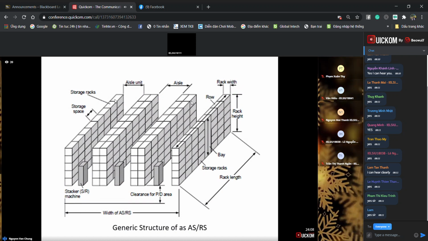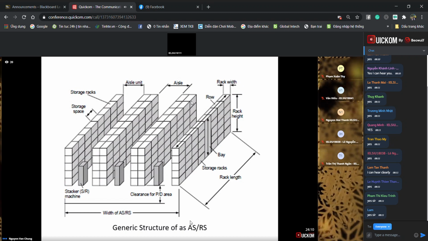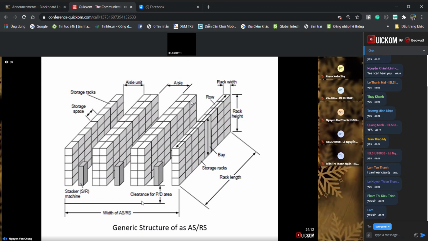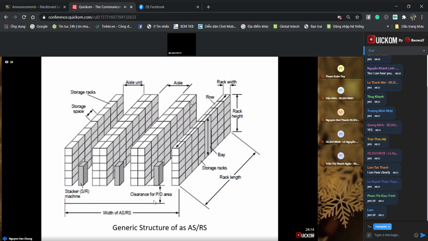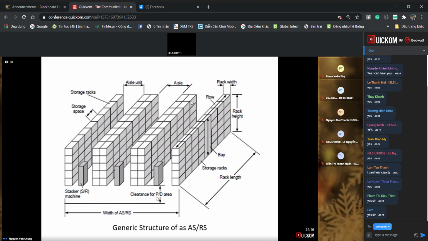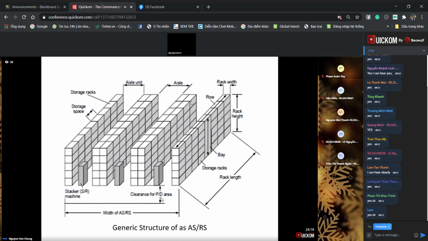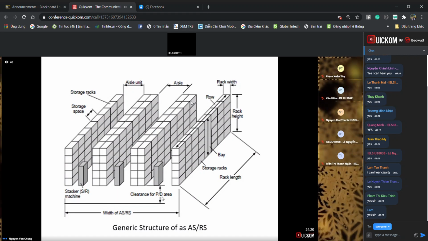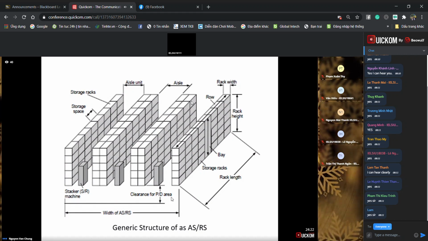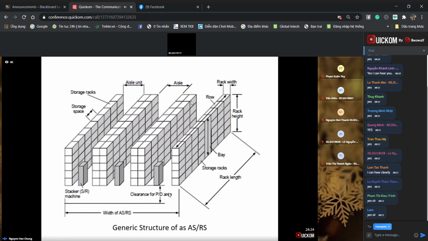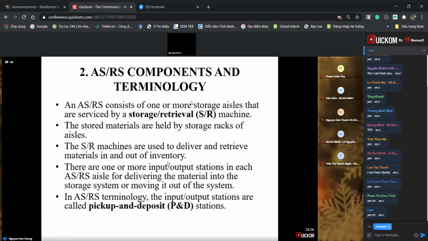The storage rack, the storage space. And then you see that you have the clearance for the PD area, the PD area because of the deposit. Okay, if you focus, you can return to this here.